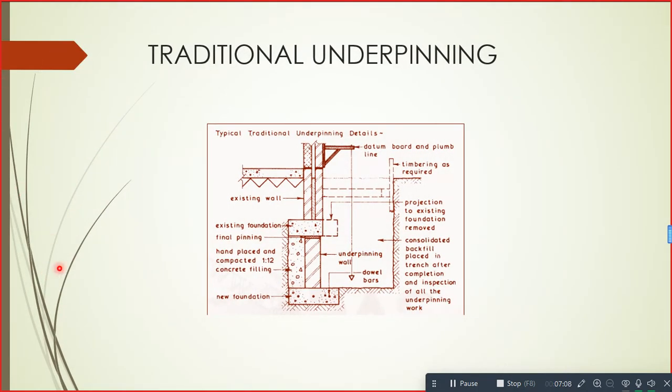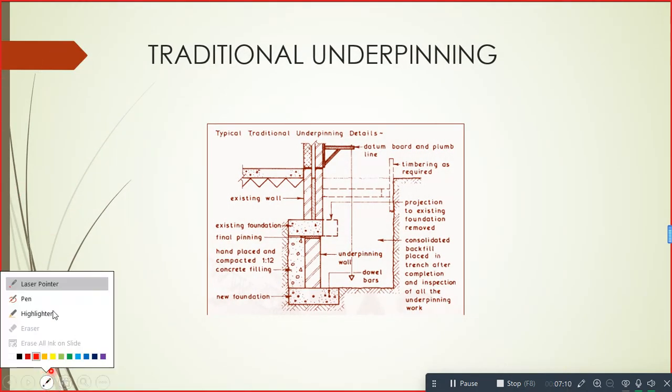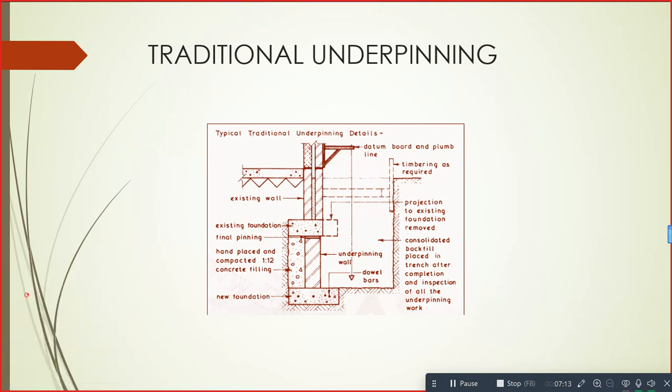Let's now look at the typical details of underpinning to walls. I hope everyone can see the image on the screen.